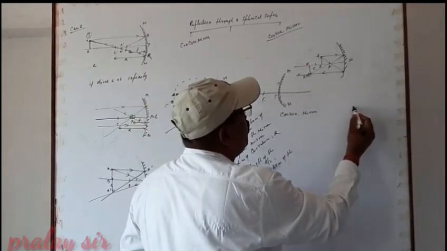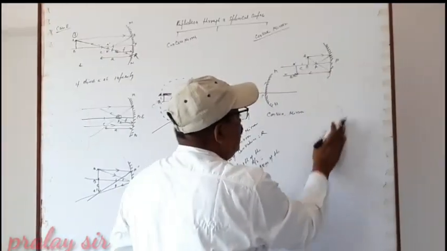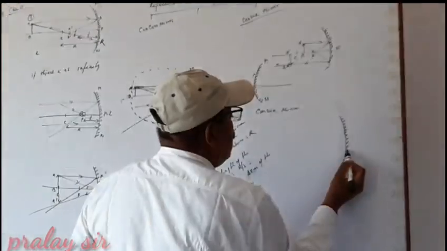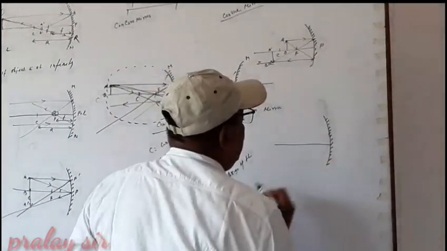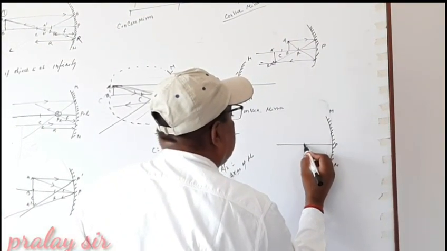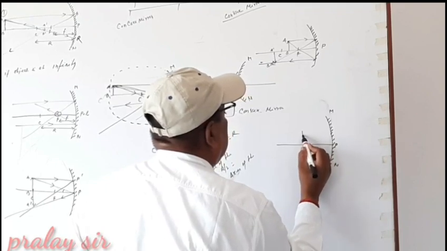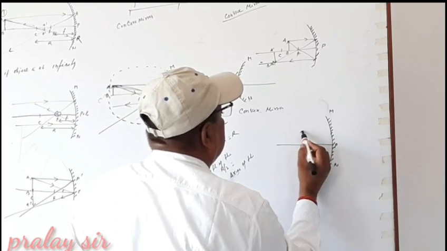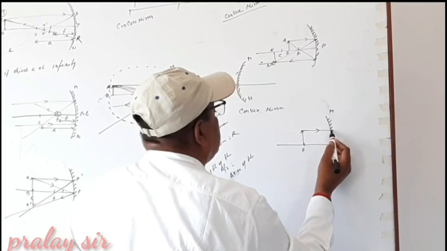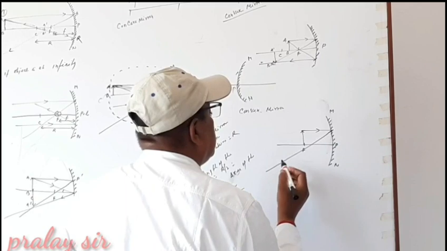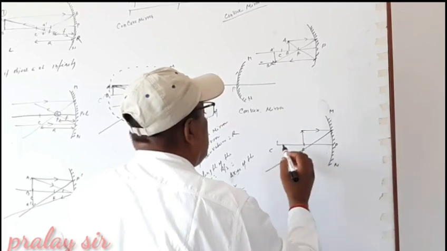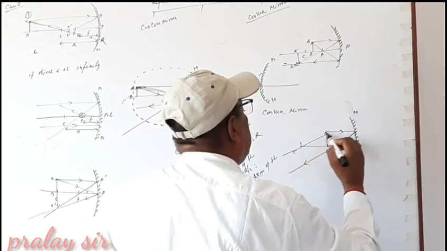Now, the fifth case, if you are keeping the object at the focus, we can draw a ray diagram like that.